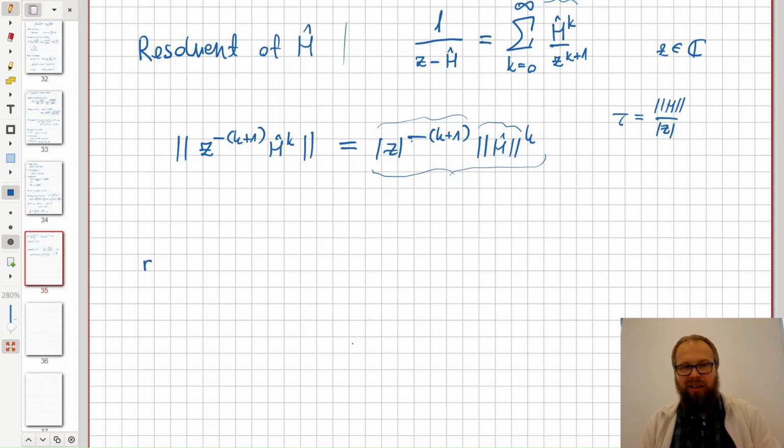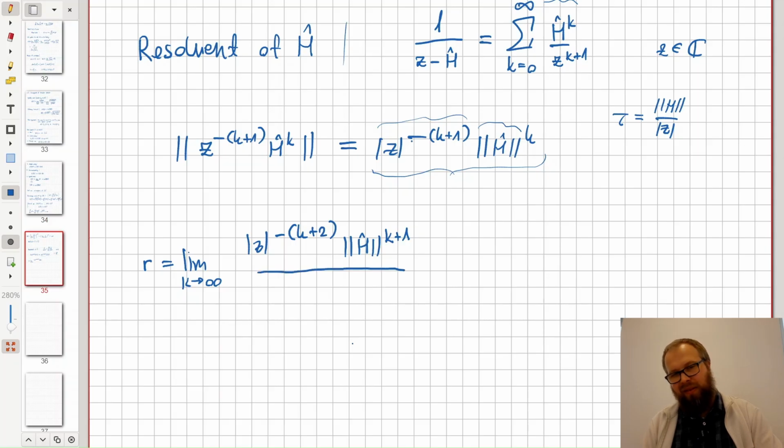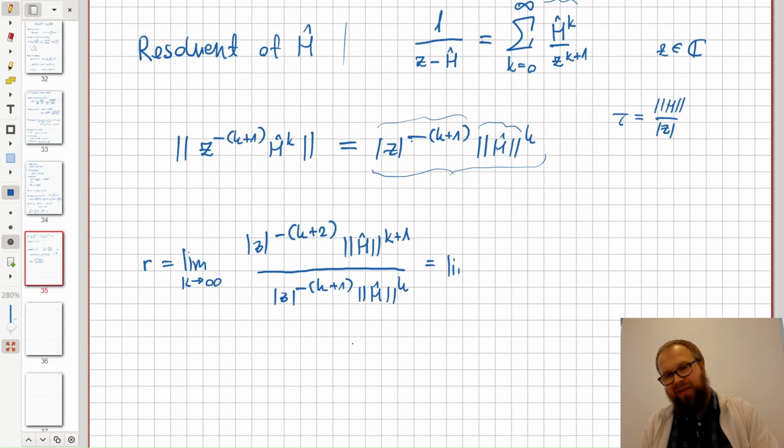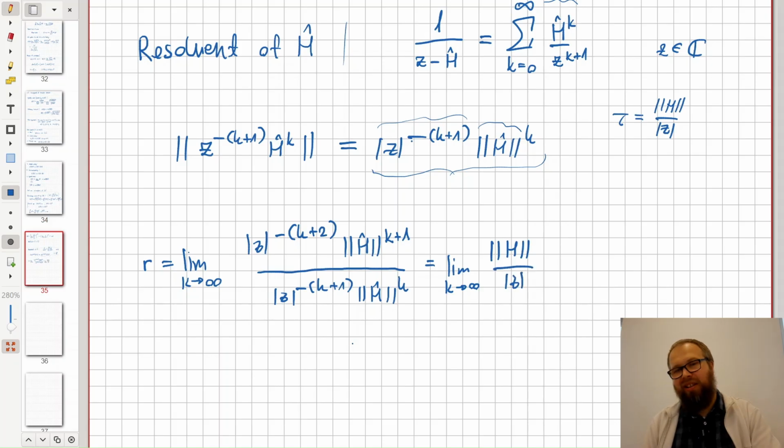So let's write the ratio R, as k goes to infinity, of |z|^(-(k+2)) ||H||^(k+1) in the numerator, and |z|^(-(k+1)) ||H||^k in the denominator. Fortunately, it's very simple to calculate because everything cancels out, and we get the norm of H over z.